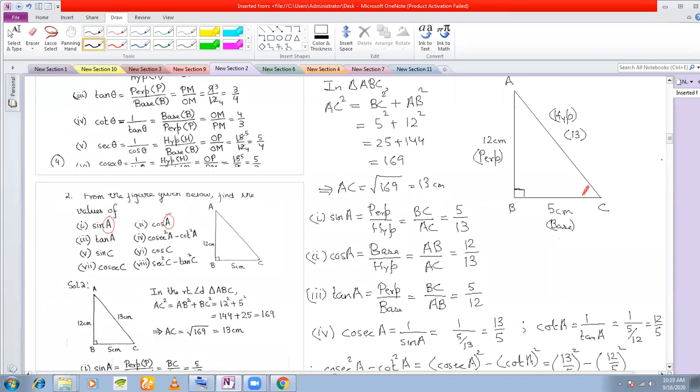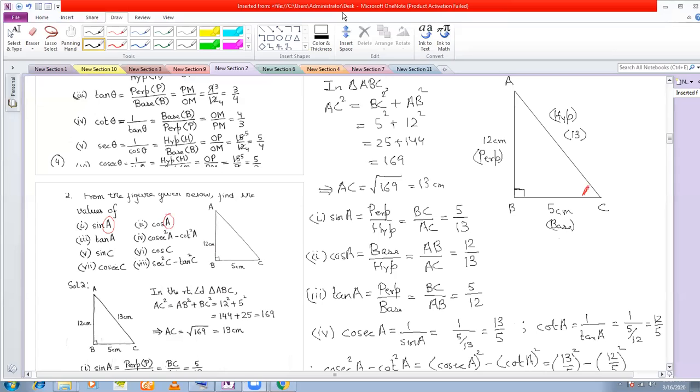Again, I tell you that your perpendicular and your base will depend on what angle you are talking about. Here we are talking about the angle C, so AB becomes my perpendicular and BC my base. In the earlier case for parts 1, 2, 3 and 4, we were talking about angle A. So that's why BC was my perpendicular and AB was my base.